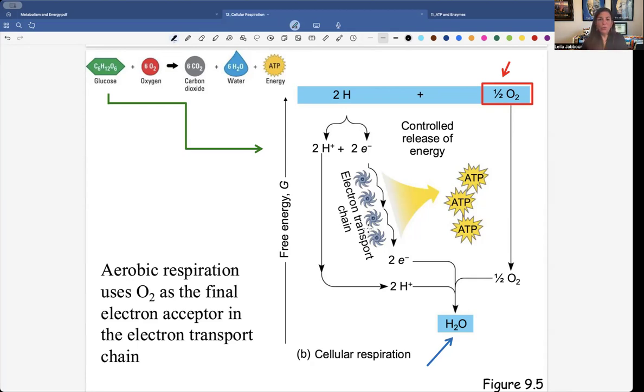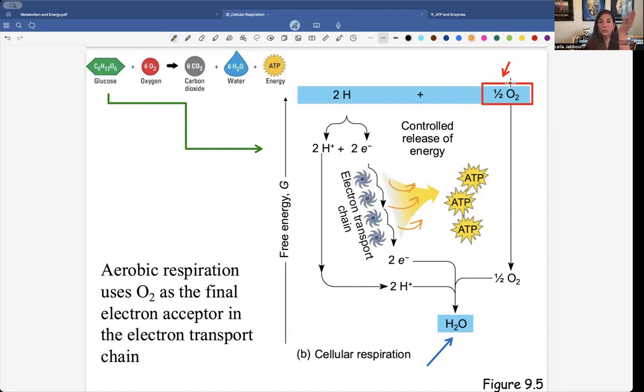Okay, so we're going to see these electrons move down the electron transport chain in that last phase of cellular respiration. And the movement of these electrons is releasing the energy that's going to be harvested and put into ATP molecules.